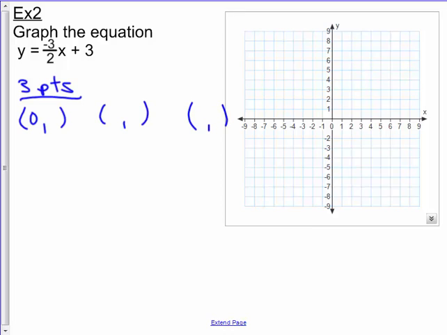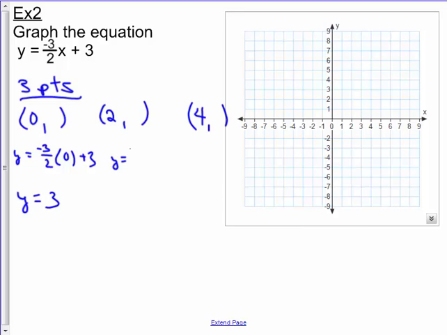But we're going to pick any points. I would tend to find some x values that'll work. So I'm going to pick 0, 2, and 4. The reason I pick 0, 2, and 4 is that I'm going to be multiplying by 3 halves, so I want something that is divisible by 2. So when I plug in 0, I get y is 3.